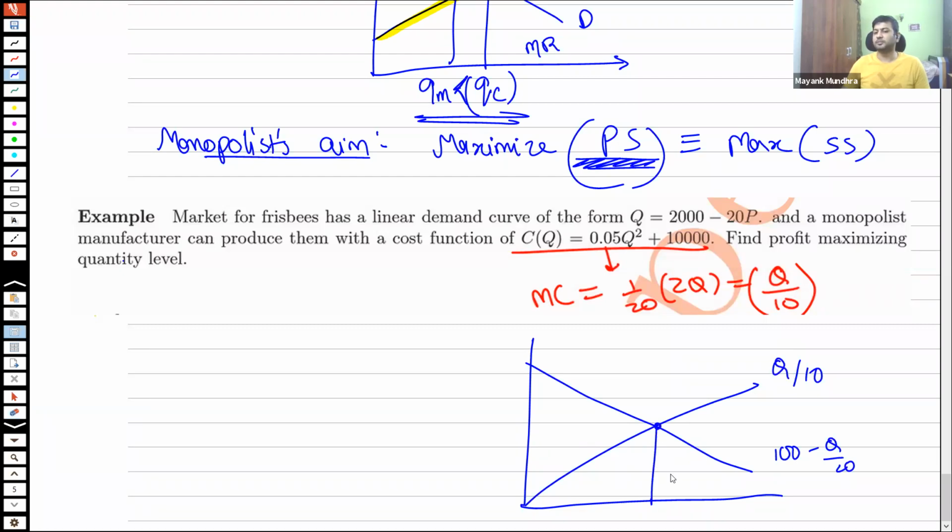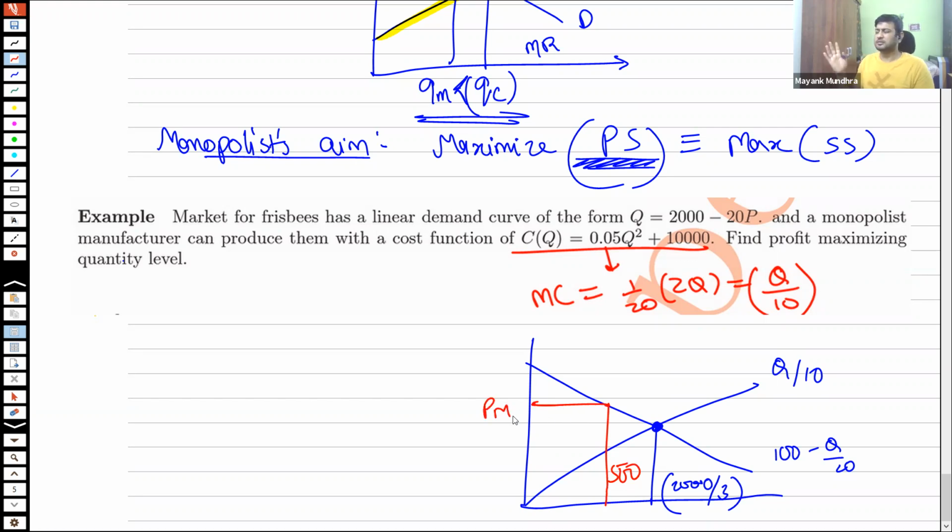So the quantity supplied by a monopolist will be equal to the intersection point, which we calculated in the previous example as 2000 by 3. So this will be the quantity supplied. Whereas without discrimination, the monopolist was only supplying 500 quantity. And this was the monopolist price.